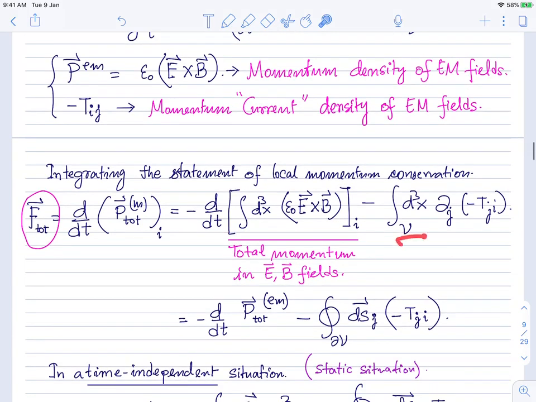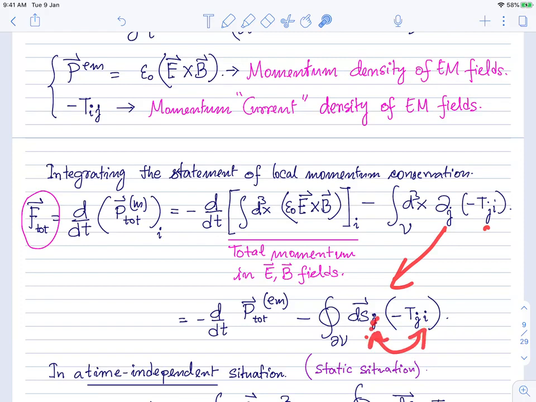And for this expression here, something very similar happens. It is the volume integral of a divergence. Well, it's not the divergence of a vector; even after taking the divergence, it is a vector. That is the point. But it has the same structure as the divergence of a vector, because these J indices are summed over. So the divergence theorem can be applied to this term as well, and it can be converted into a surface integral, where this index J is contracted with the normal vector to the surface.